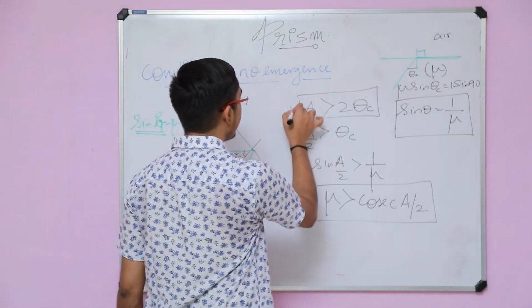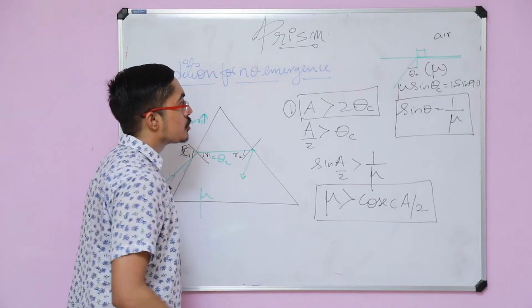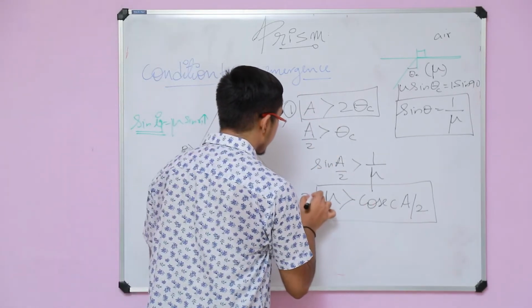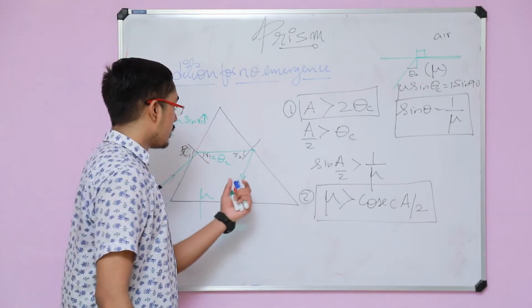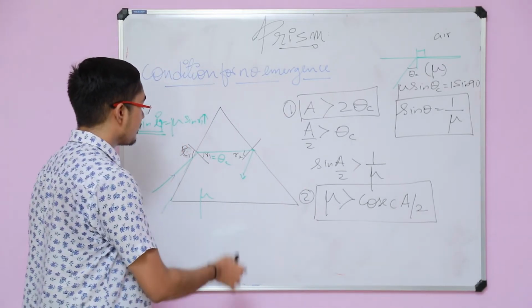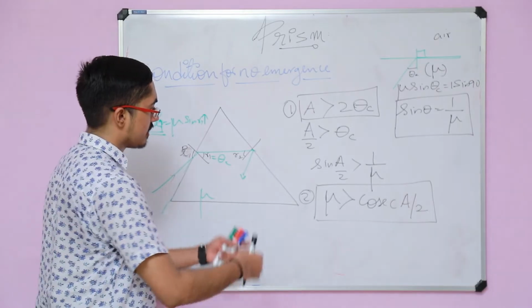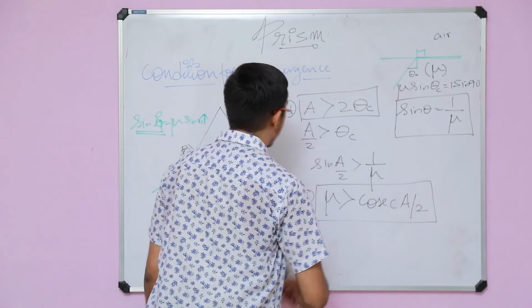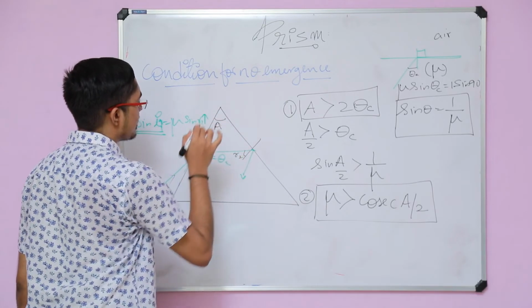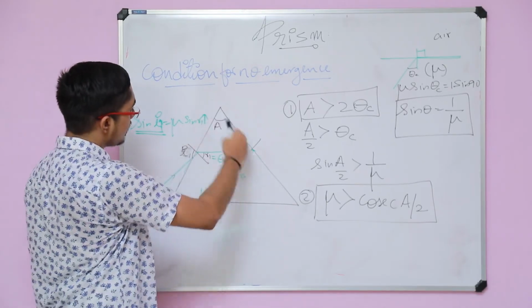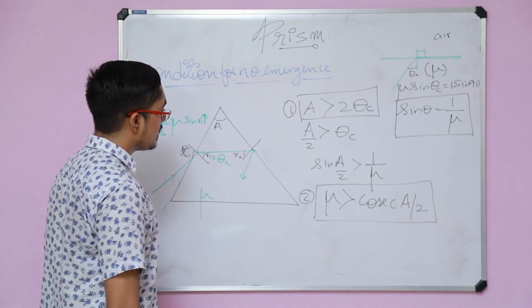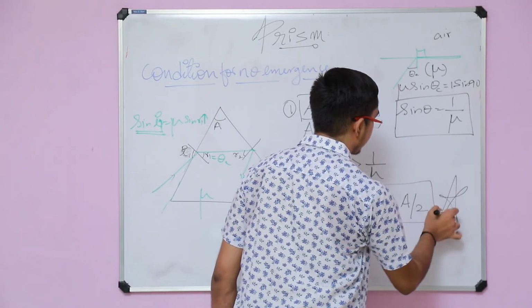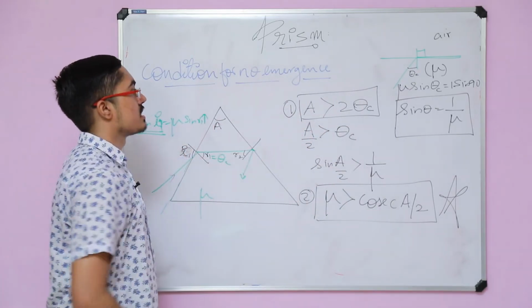That is, one, A is more than twice the critical angle of the surface, and second, the refractive index of this particular medium of the prism, if it is made up of glass, the refractive index of glass should be more than cosec A by 2, where A is the angle of the prism. What is angle of prism? Angle between the incident and refracting surfaces of the prism, right. So, mu greater than cosec A by 2 is a very important equation so far as this condition of no emergence is concerned.